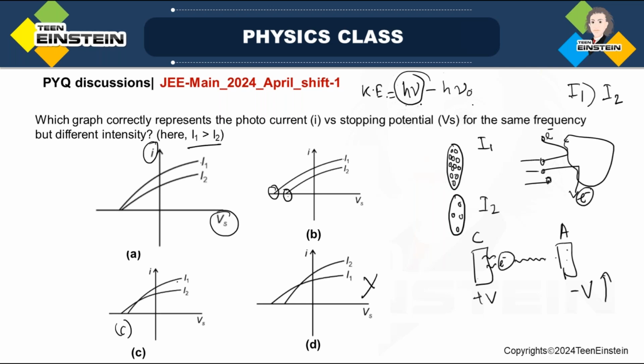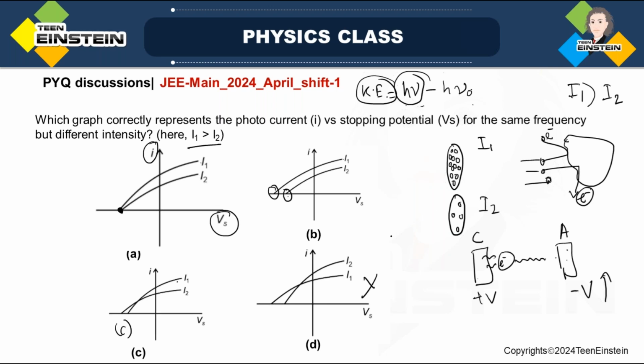If both of them have the same frequency, then the photoelectrons coming out of the metal surface will have the same kinetic energy for both the lights. Then the stopping potential to make the current zero will be the same for both the lights, as it depends on frequency, not on intensity.